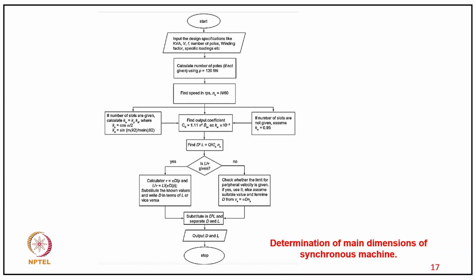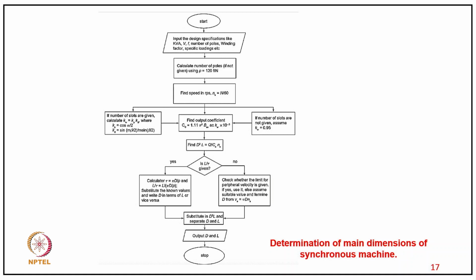On the other side, if number of slots are not given, assume kW equal to 0.95 and find out the output coefficient C0 equal to 1.115 square B average AC kW into 10 power minus 3. Then find the D square L from the output equation, Q upon C0 and NS. Is L upon tau given?